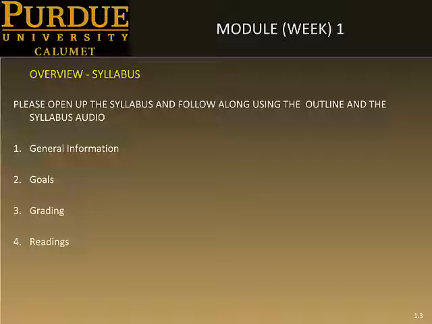You will see the first element or item is general information and goals. The syllabus begins with general information that you will need to know. First is my data information. Second is the course description. This is the official one that the university uses.